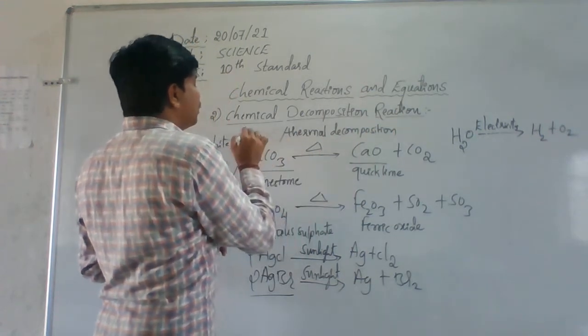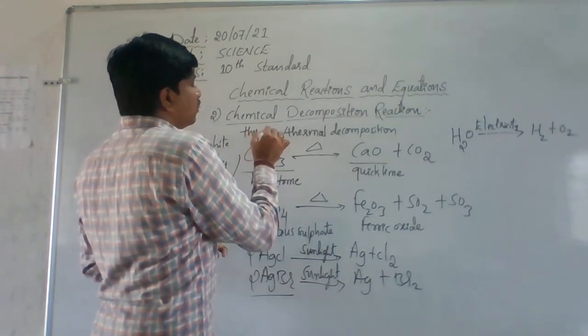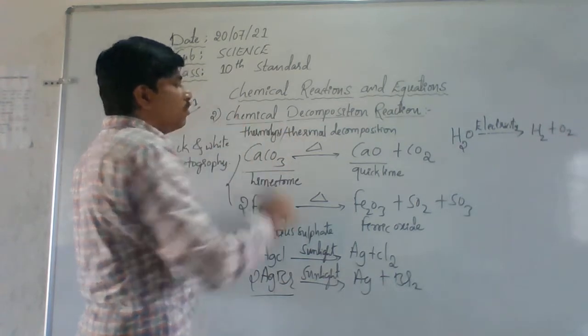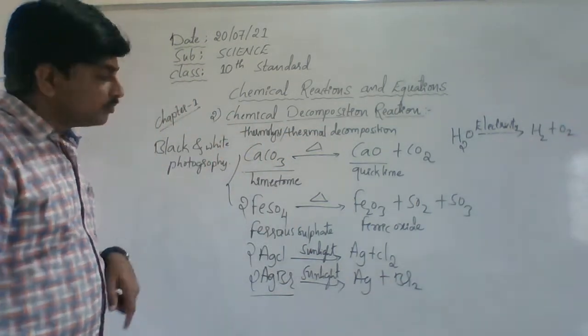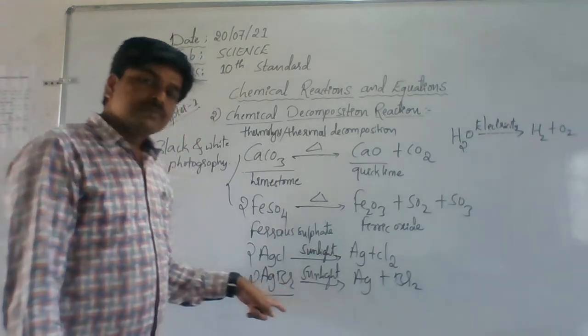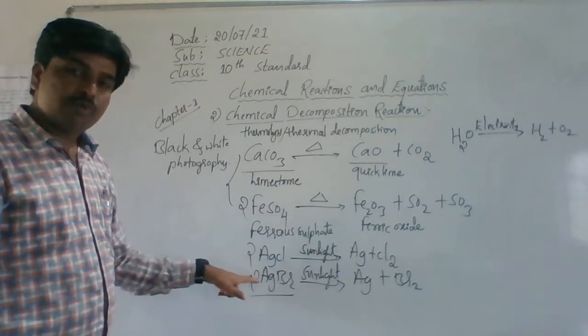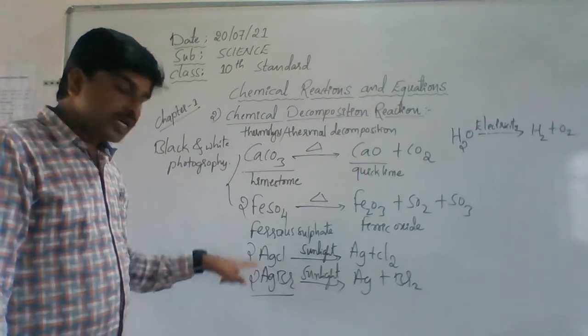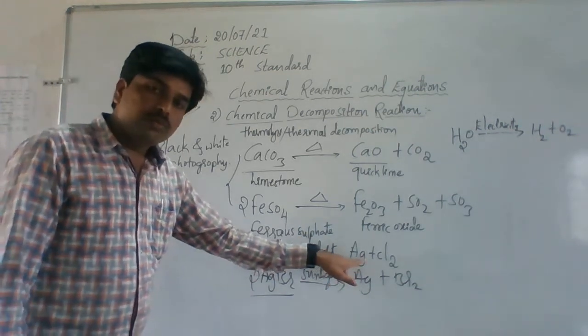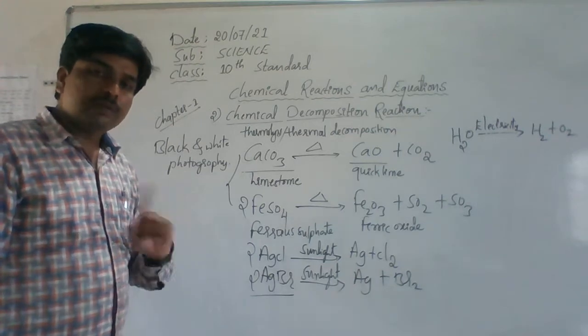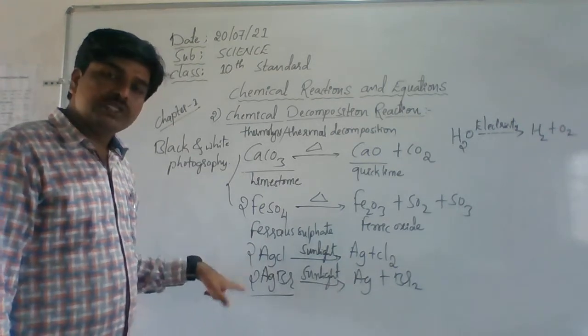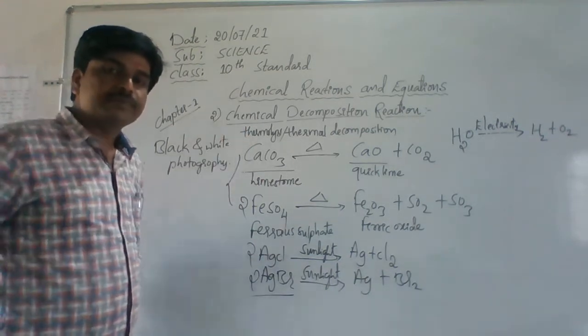Another name for this is thermolysis. What is thermolysis? And in the second case, these two compounds, silver chloride and silver bromide, are broken down into more than one product, not by heating, but when we expose these two compounds to sunlight.